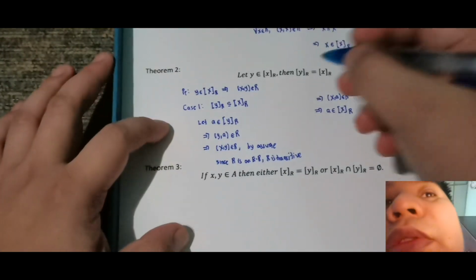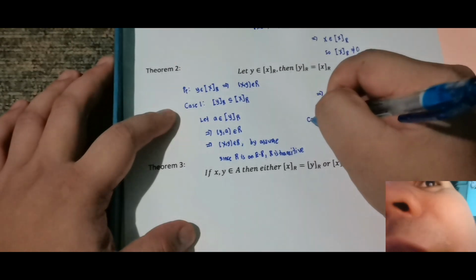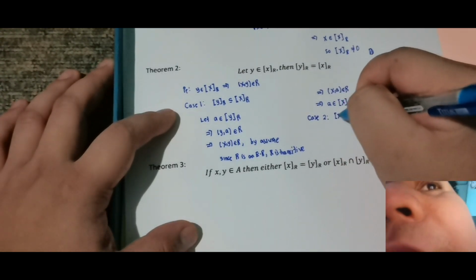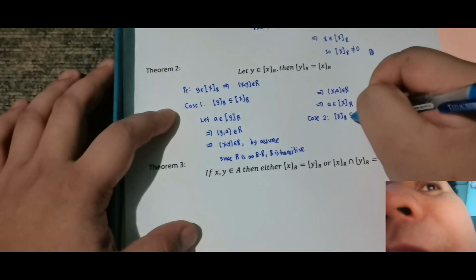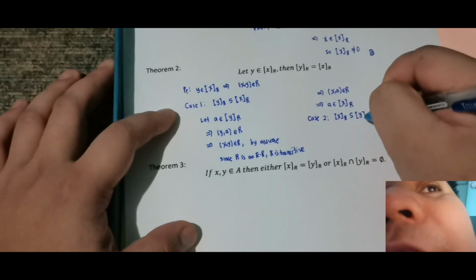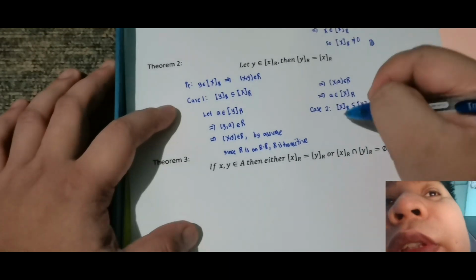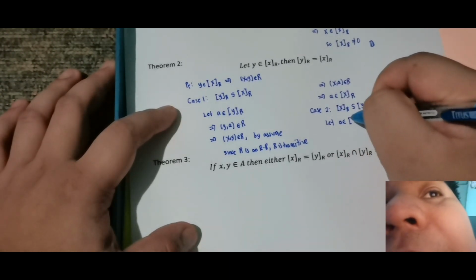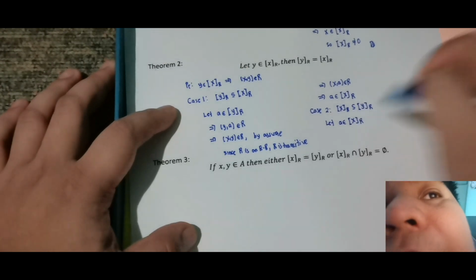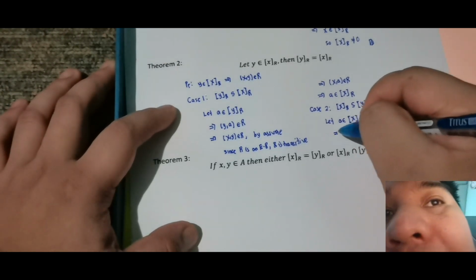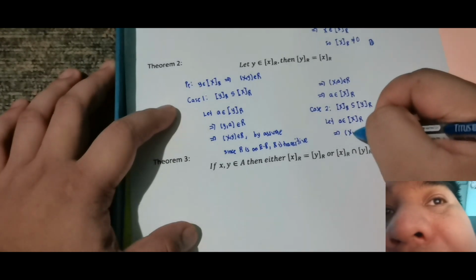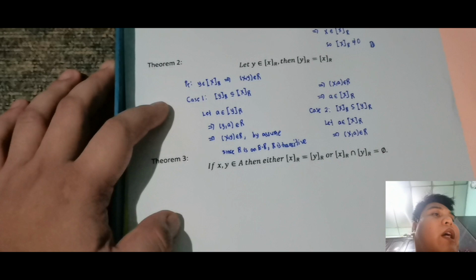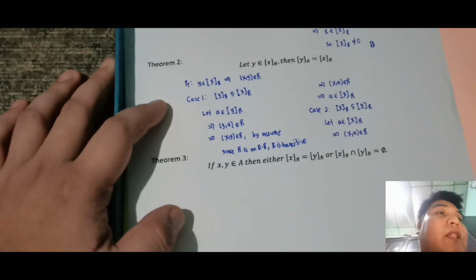Next is case 2. We need to show that the class represented by x is a subset of the class represented by y. Again, let a be an element of the class represented by x. By definition, this implies that x, a is an element of R. Now, R is an equivalence relation, therefore R is symmetric.